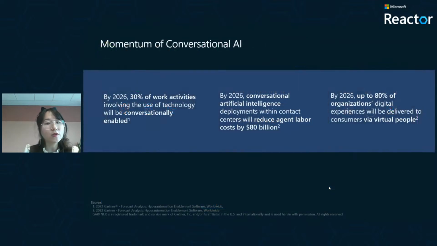Firstly, I think as we know, AI is so powerful, and today is really the momentum for conversational AI. We can see how powerful artificial intelligence is in simplifying our lives and improving the productivity of our work.